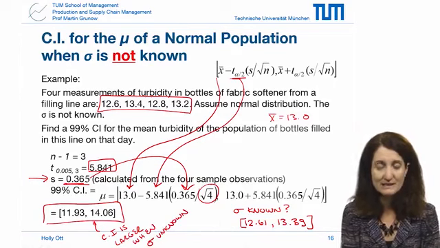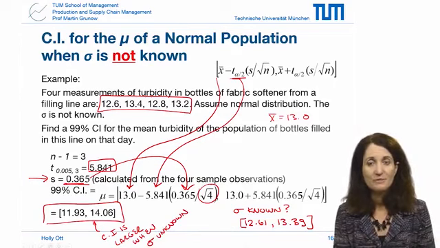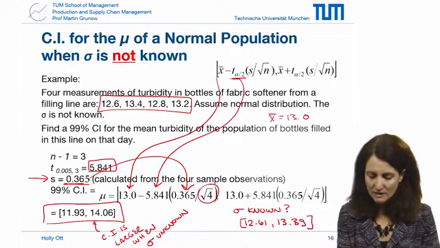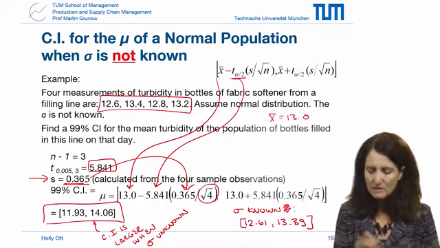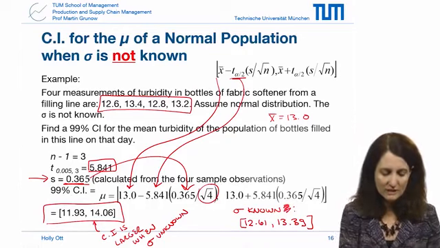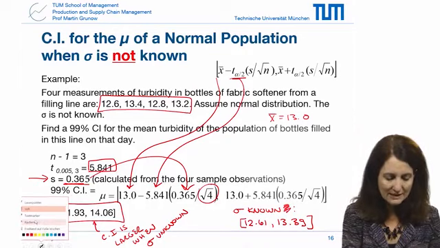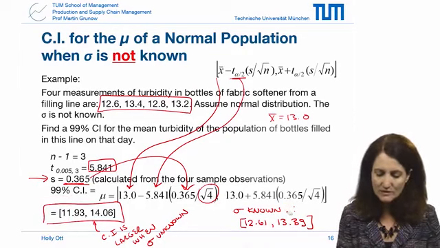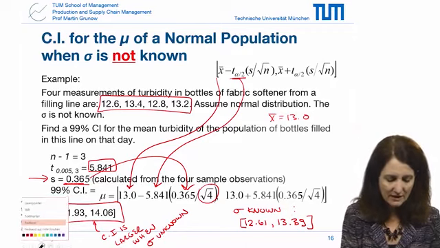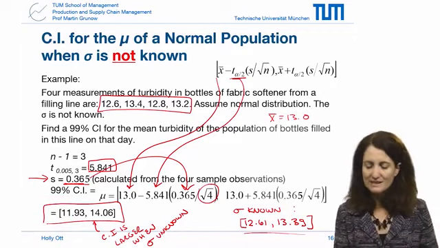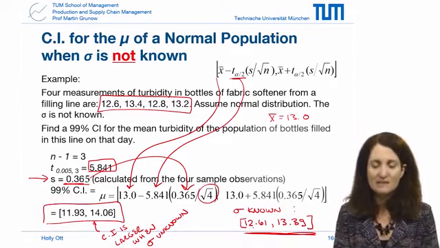And does that make sense? In the case where the sigma is known, we can be more exact. We can be more exact, and we have a tighter limit for the same confidence.